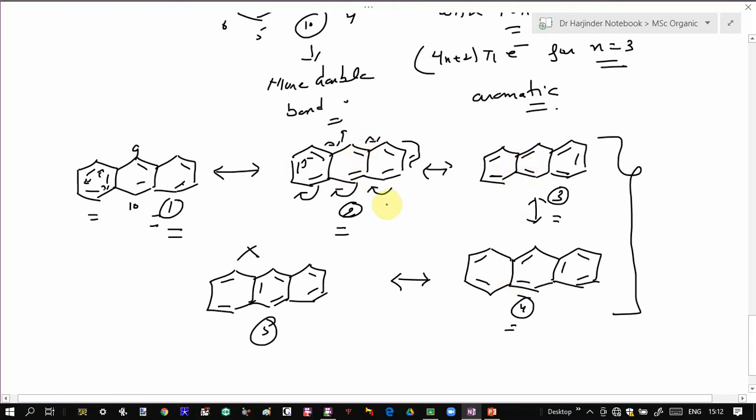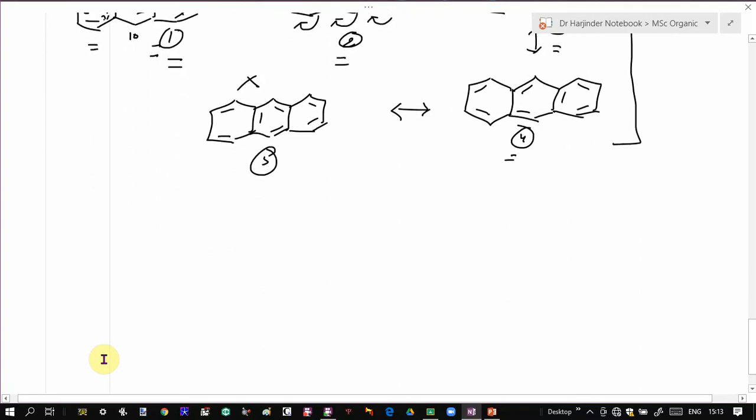So that is why it has more double bond character, and position number 9 and 10 are more reactive. Addition reaction or normal reaction takes place over position 9 and 10. For example, if you carry out the addition reaction, it will take place over position number 9 and 10 in case of anthracene.